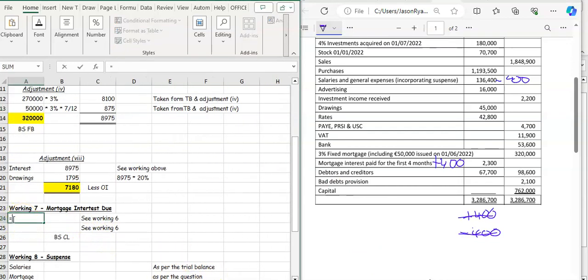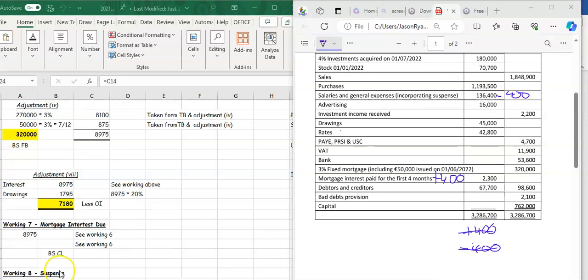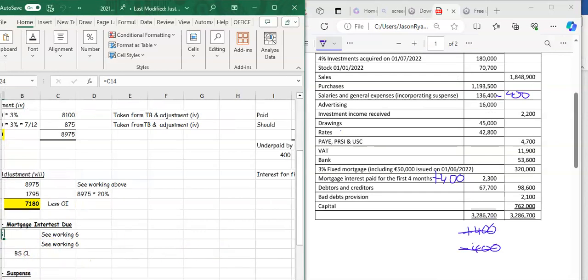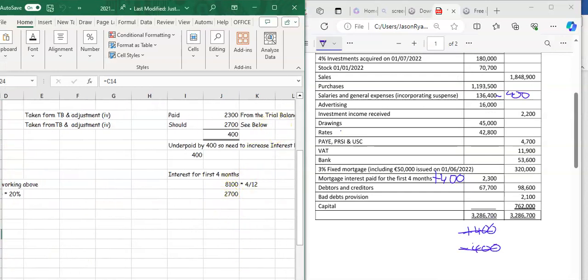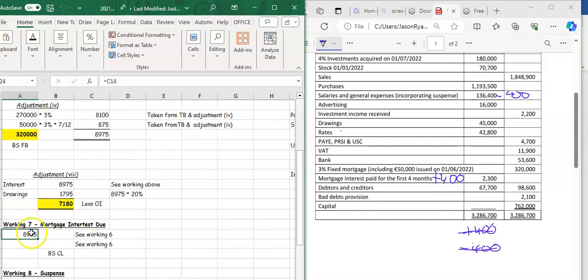So the amount for my mortgage interest is 8,975. Because I've paid 2,700, which is how much I should have paid for the first 4 months, I can now reduce that 2,700 from my mortgage interest, and that's going to give me my mortgage interest due, that's going to go into my balance sheet as a current liability.